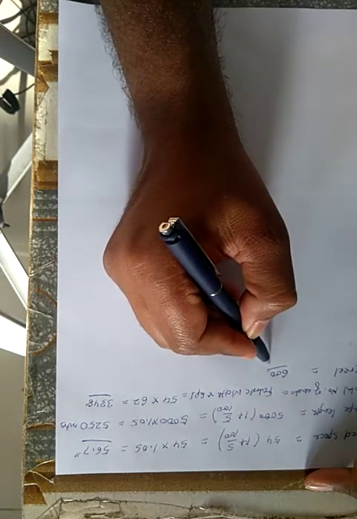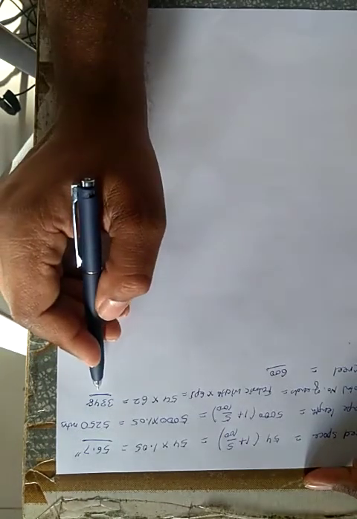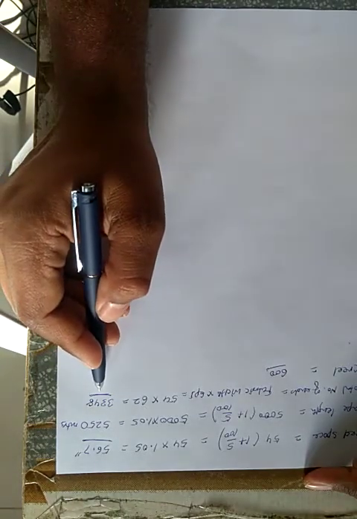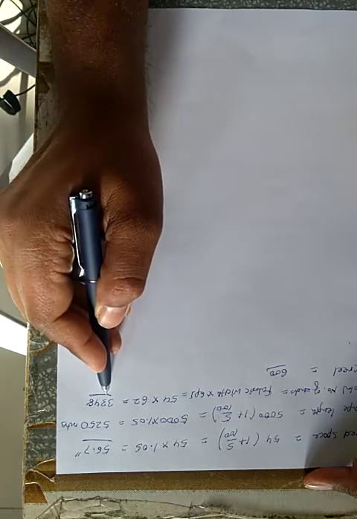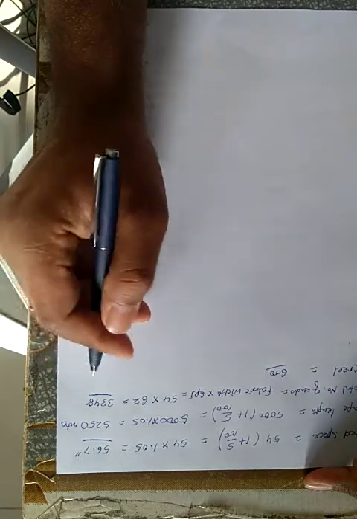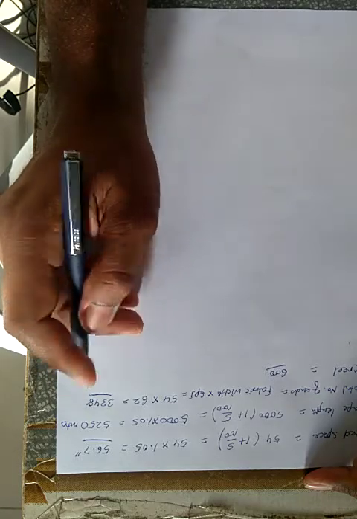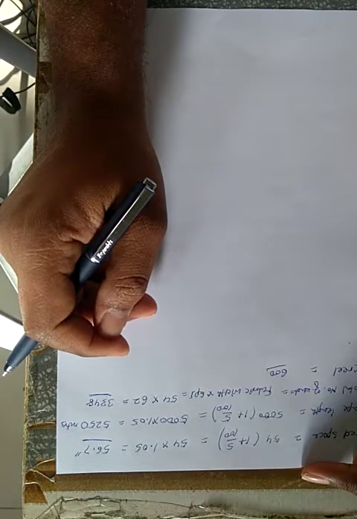Here we have only 600 ends available, but we have to produce a weaver's beam with a total number of ends of 3348. So now we will find out how many ends we can accumulate in one warper beam.